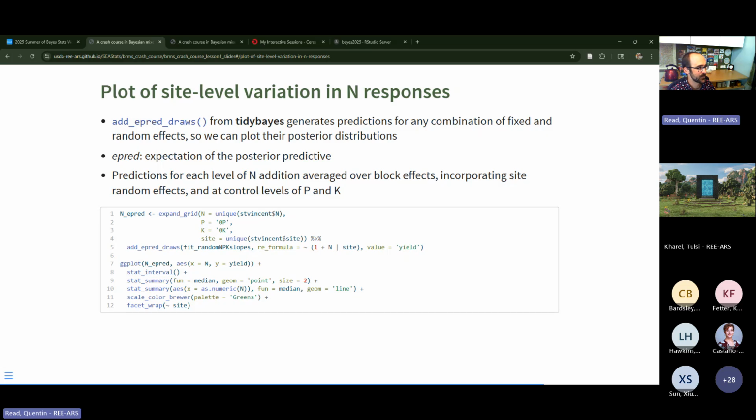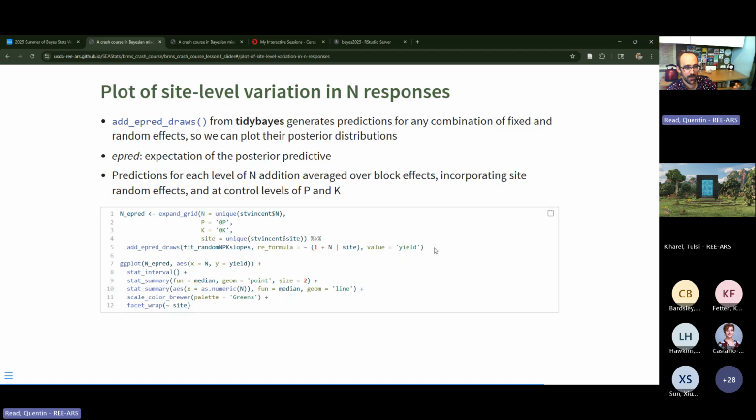I make those predictions for every combination of nitrogen, and we're going to average over the block effects. We're just going to look at site effects, and we're going to say, okay, if at site 1, what is our prediction for each level of nitrogen, but always setting phosphorus at the control level and potassium at the control level, just to make it a little bit easier to look at. So we're going to look at every level of nitrogen, holding phosphorus and potassium at their control levels at every site.